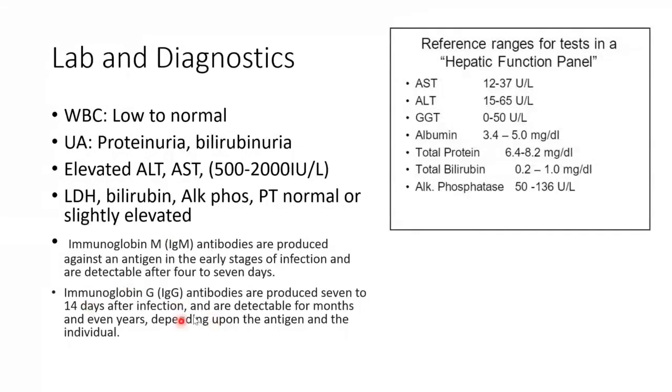The infection is gone. Somebody taught me once, and it does help me: IgM, immediate, we see these pretty much immediately or early. IgG, the infection is G, gone. It was in the past.